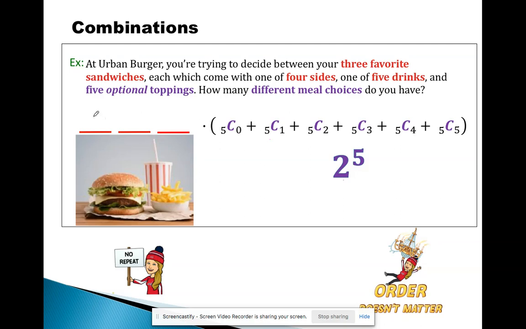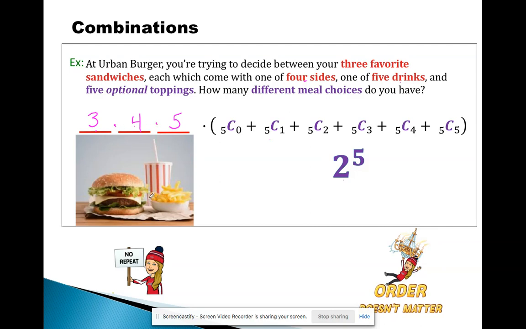I don't want the repeats. I have 3 favorite sandwiches, 4 sides, 5 drinks. Those are all different things, right? So I have 3 sandwiches that I can choose, and 4 sides that I can choose, and 5 drinks that I can choose. So those are all my different choices.